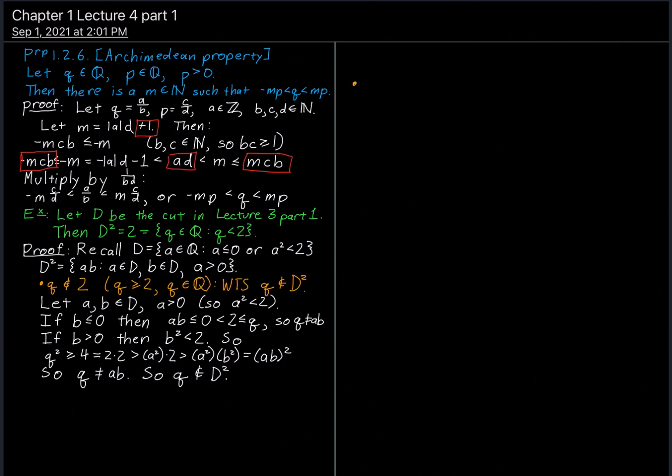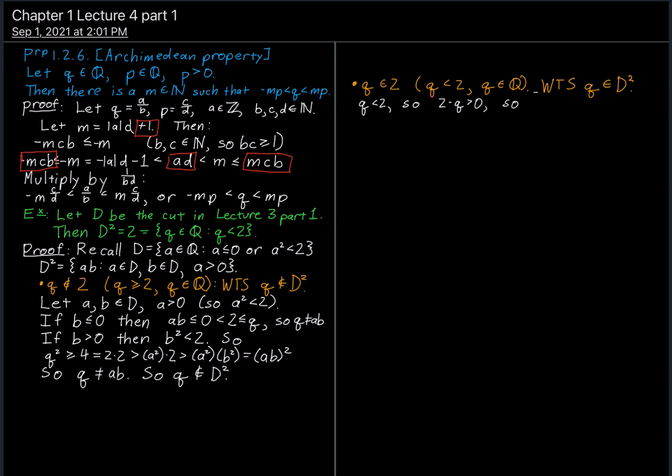All right. Flip side, let's let q be such that q is less than 2, q is irrational, and we want to show that q is in D squared. All right, and this is where we're going to use our Archimedean property. So q is less than 2, so 2 minus q is greater than 0.